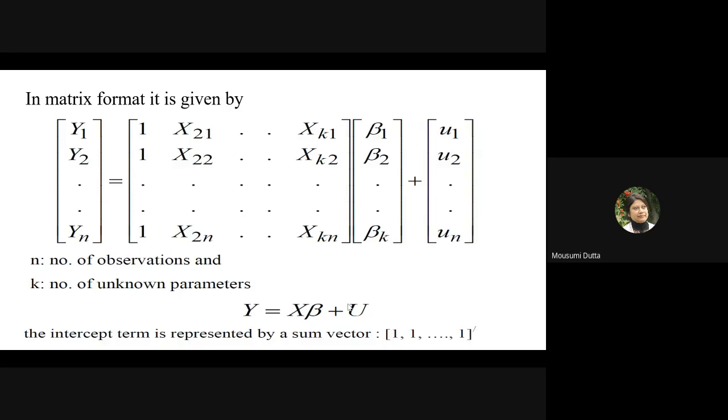Now, what are the columns? Columns are nothing but observations on a particular explanatory variable. So if X2 is the price of the commodity, it is different observations on the price of the commodity. If X3 is income of the individual, then it will indicate n observations on income. If it is the height of the individual, it is the column for the heights of all the observations we are considering in our analysis.